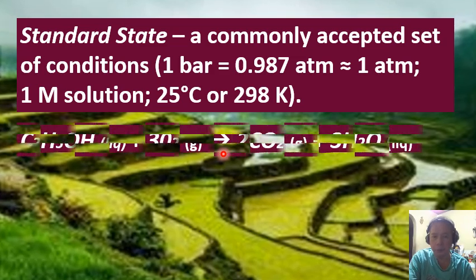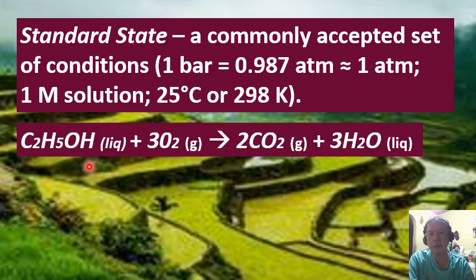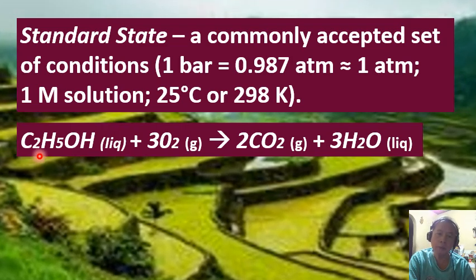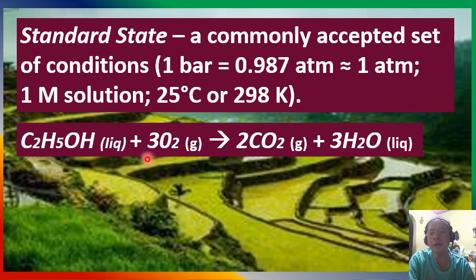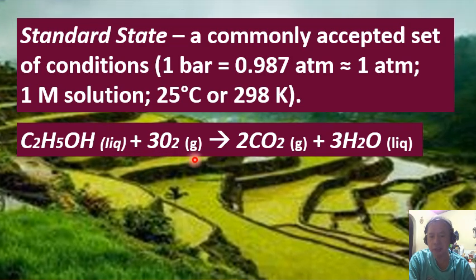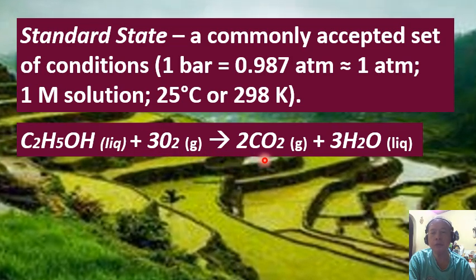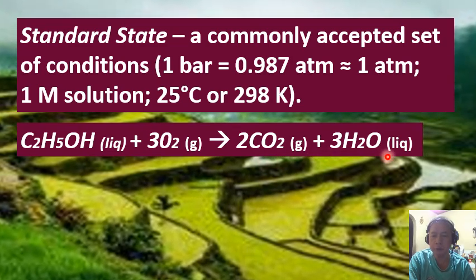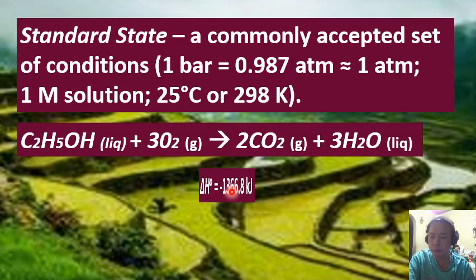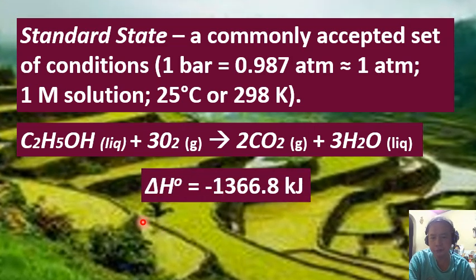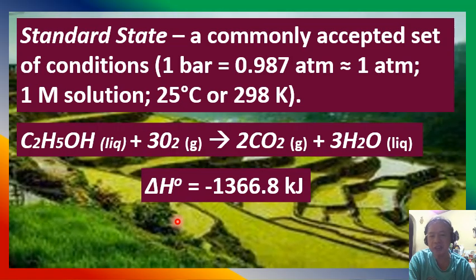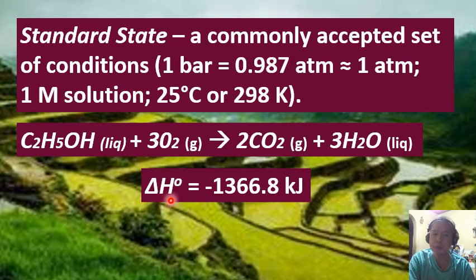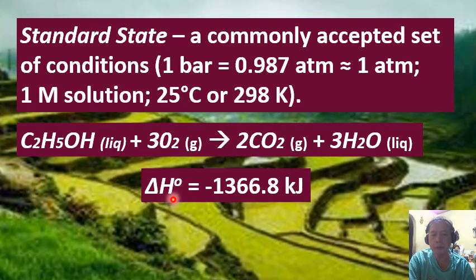For example, when 1 mole of liquid ethanol reacts with 3 moles of oxygen gas, producing 2 moles of carbon dioxide gas and 3 moles of liquid water, the standard enthalpy change, denoted here by delta H with a superscript 0, is what we report.